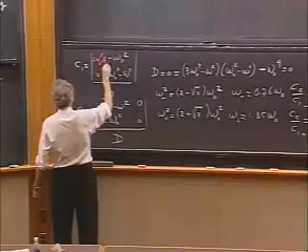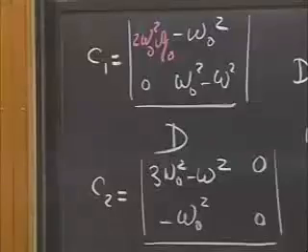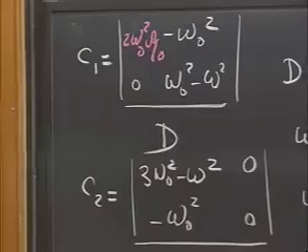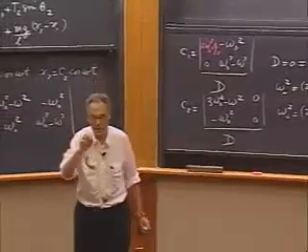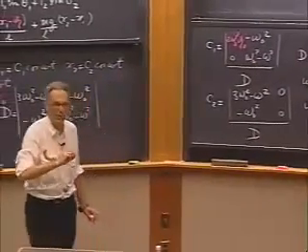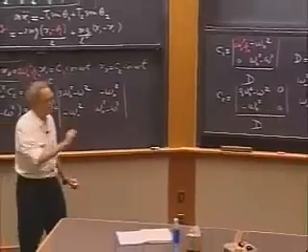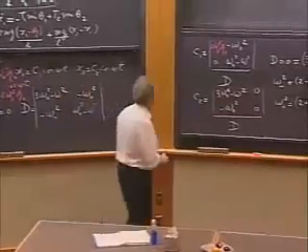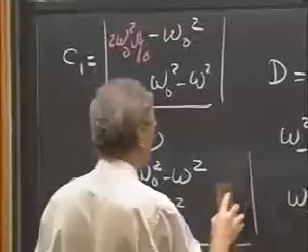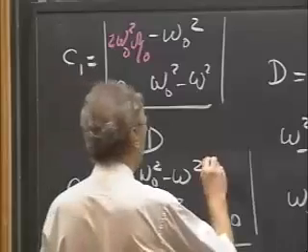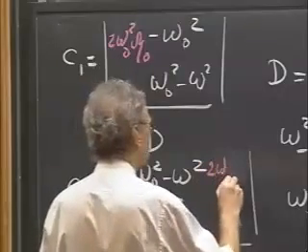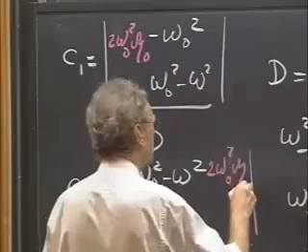times eta 0. Eta 0, remember, is the amplitude of my hand. Eta is the displacement of my hand at any moment in time. Eta 0 is the amplitude. And so here we get then also 2 omega 0 squared times eta 0.